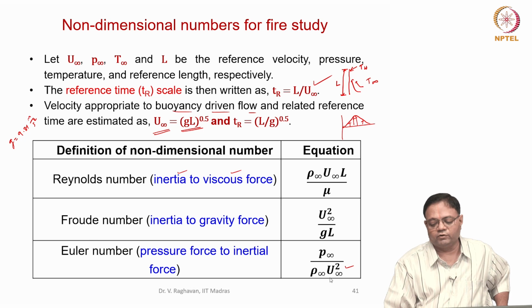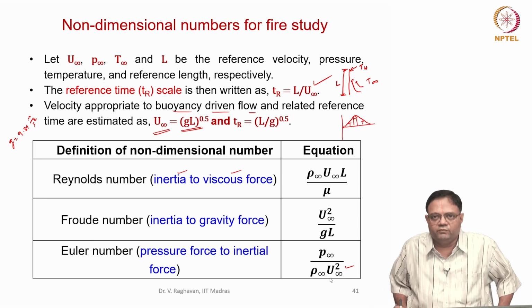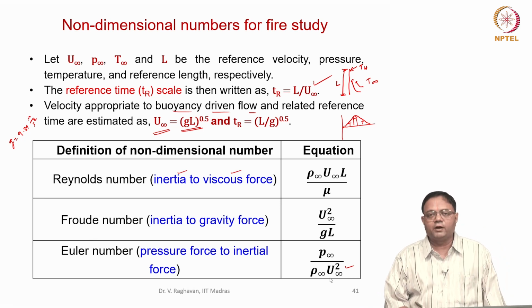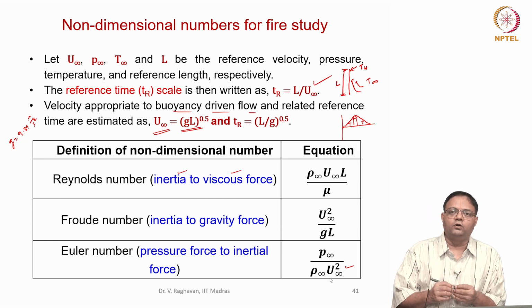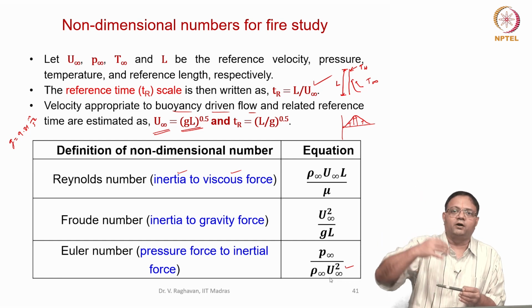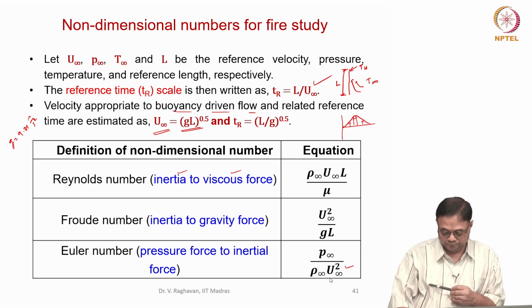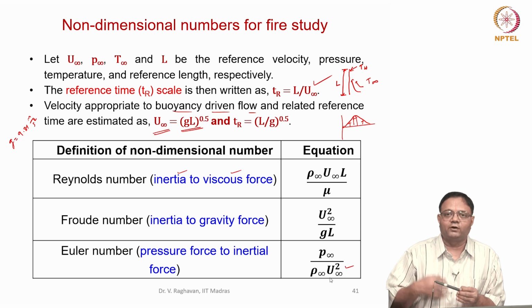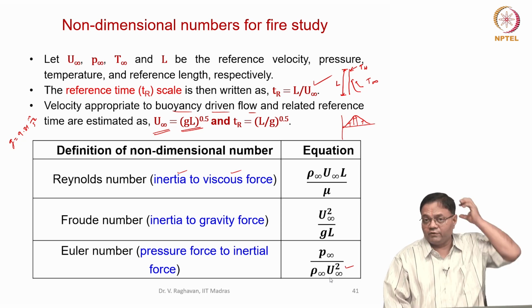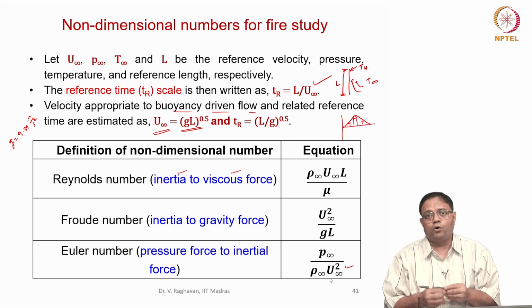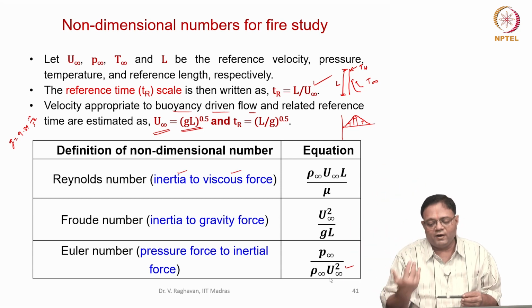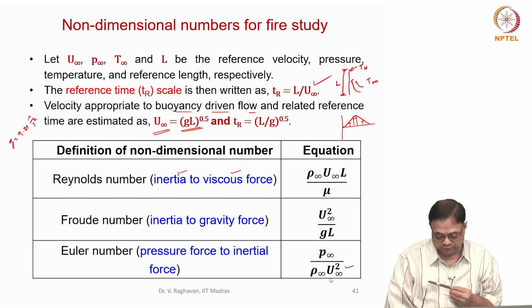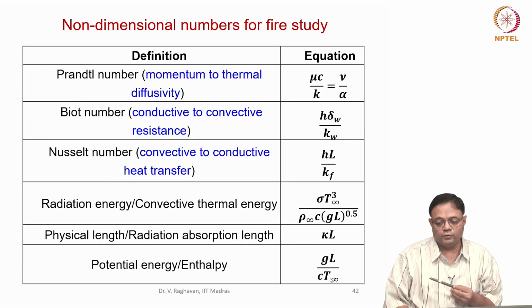Okay, rho u infinity square has the units of pressure. It's called dynamic pressure. So Euler number is useful for understanding the convection part of the hot gases. For example, I told about the compartment fire, in which the hot gases go out and cold air comes in, where you need to apply these concepts of dynamic pressure.